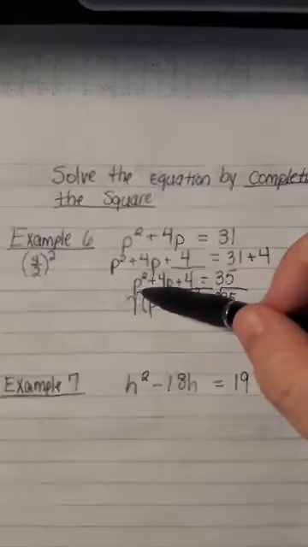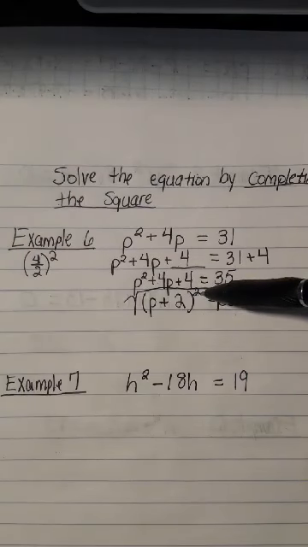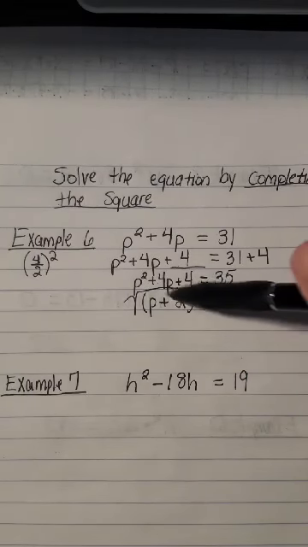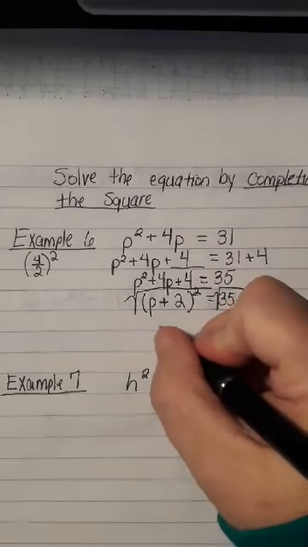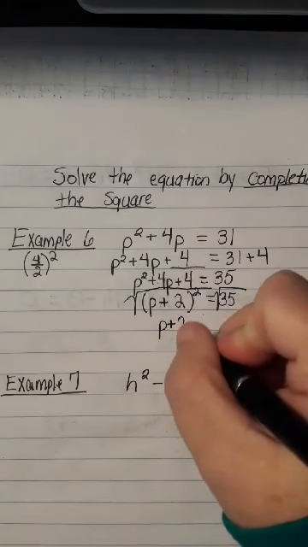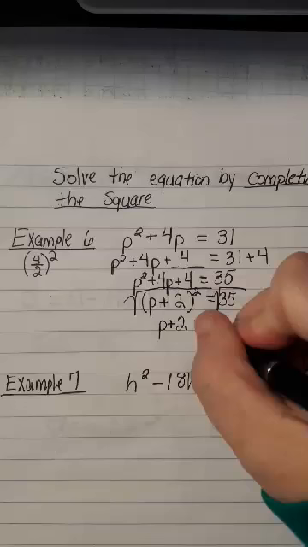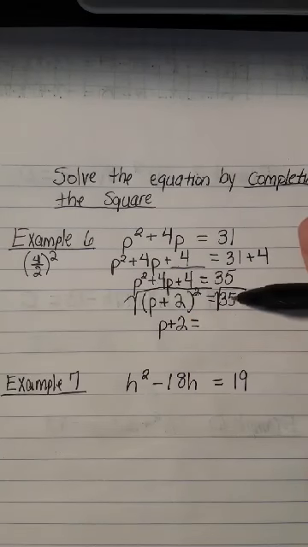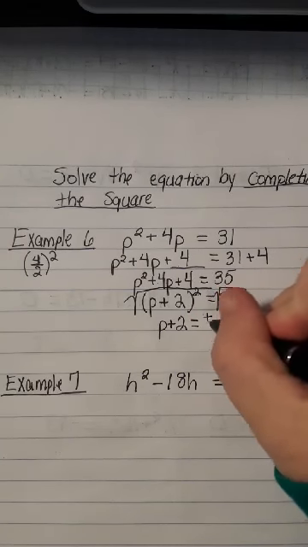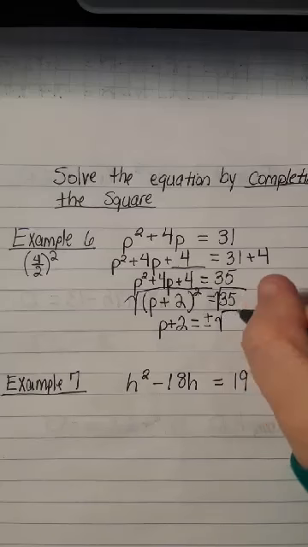And then the square root with this square, they cancel each other out, and you're just left with what's in the parentheses. Drop your parentheses though. So you're left with p plus 2 equals, and remember when you're solving with a square root, you've got to do plus or minus, and then that square root of 35.